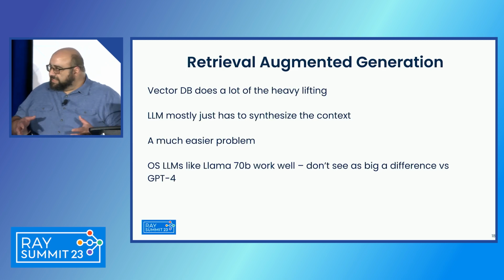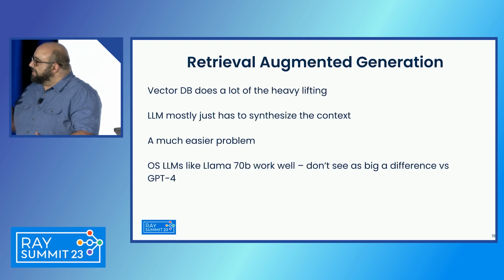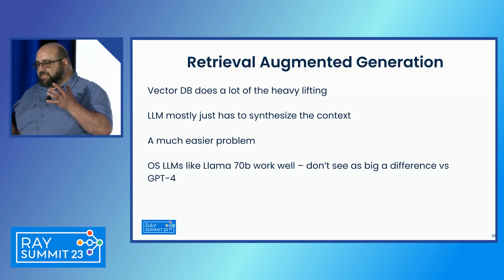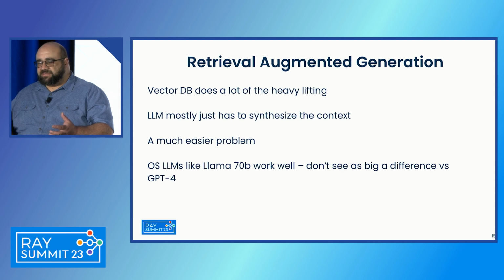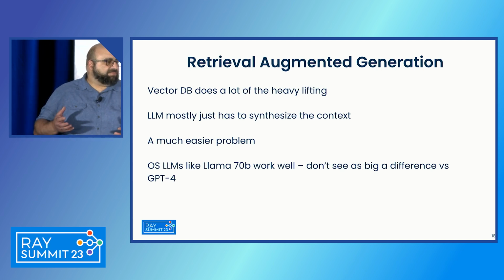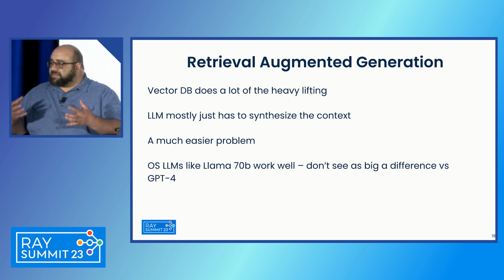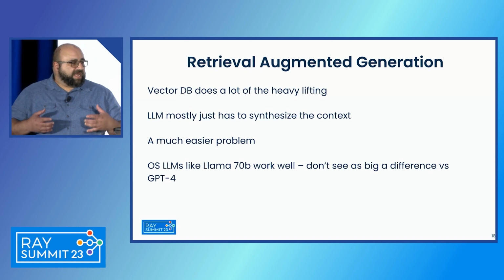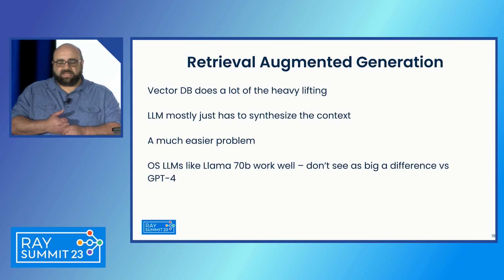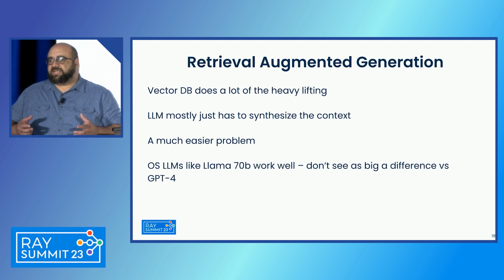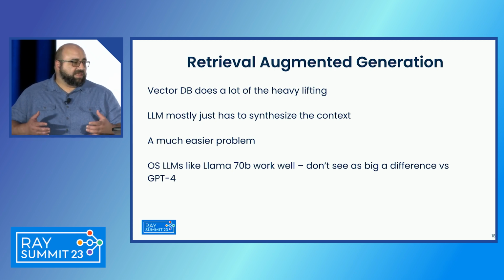The reason that RAG works is that it lets the vector DB do what it's good at, which is search results, and it uses the LLM for what it can do, which is synthesis and generation. Thus it makes the problem easier and increases the chances of the LLM generating correct text, because it's just sorting through evidence instead of being asked to hallucinate.